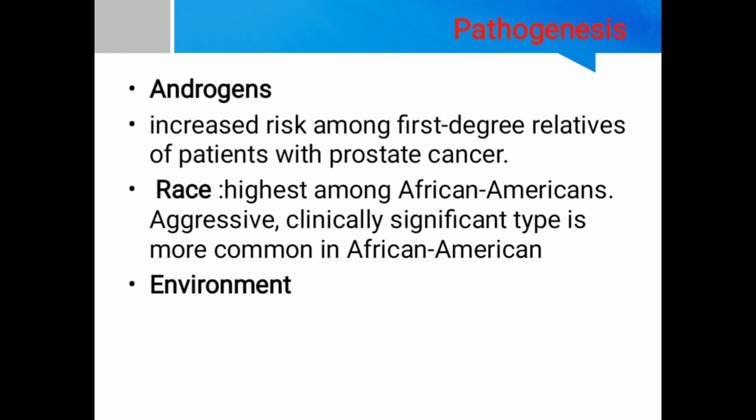Pathogenesis: androgens increase the risk, among first degree relatives of patients with prostate cancer. The highest risk, among African Americans, will be aggressive, clinically significant type, more than in Americans. Environment also has an effect as a risk factor for the pathogenesis of the adenocarcinoma.